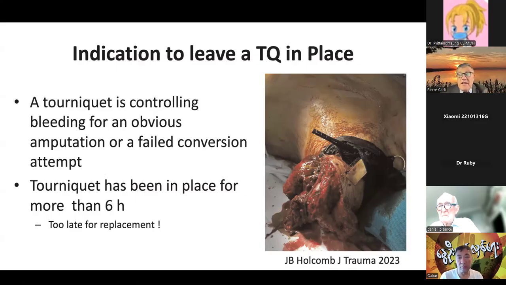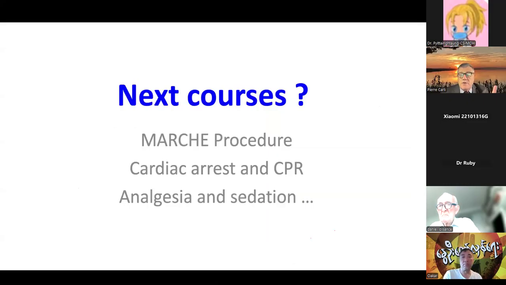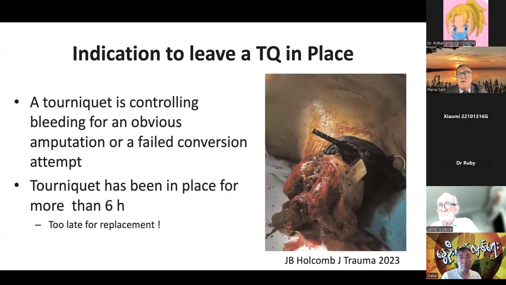If there is a limb under the tourniquet, it is too late for replacement if you are 6 hours away from the tourniquet placement. So the next point is simple. The tourniquet saves life. The tourniquet must be converted. The tourniquet must be controlled.